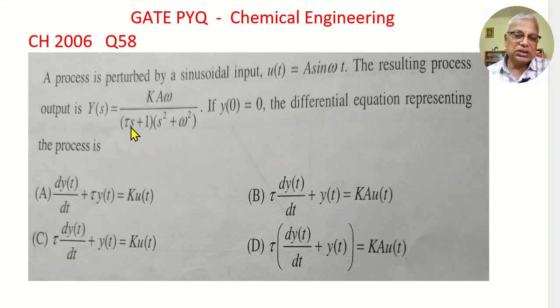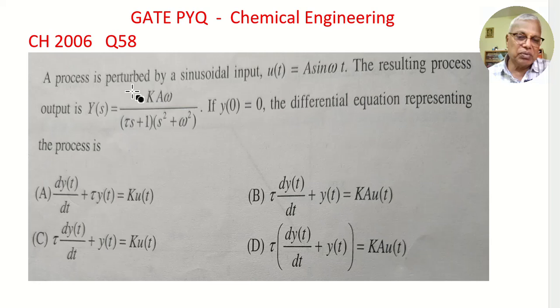Now Y(s), as I told you, is G(s) into U(s). So u(t) is this, right? So what will be U(s)? Aω by s² + ω². Here it is. So Aω by s² + ω² is U(s).